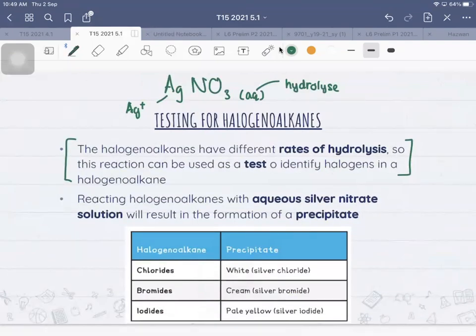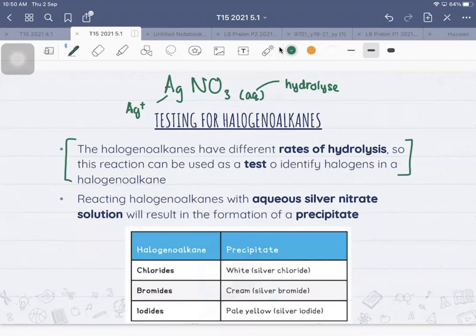After you're done copying that, I would want to go back to page 2 of your notes because I skipped something from page 2. So I would like you to copy point number 1.